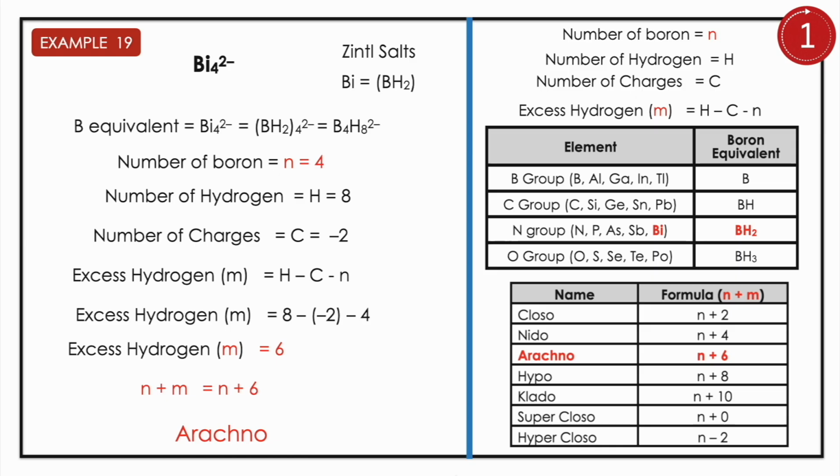So excess of hydrogen will be M equals 6. So N plus M system means it is N plus 6 system. If you look at the table, N plus 6 means arachno architecture. So according to Wade's rule, the Zintl salt Bi4 2 minus has arachno structure.